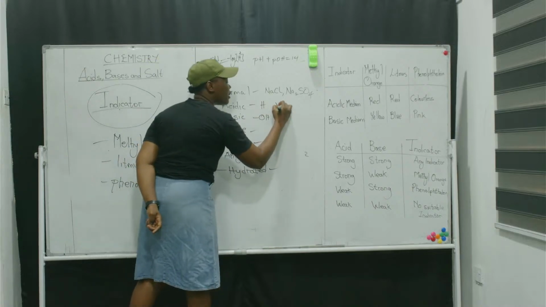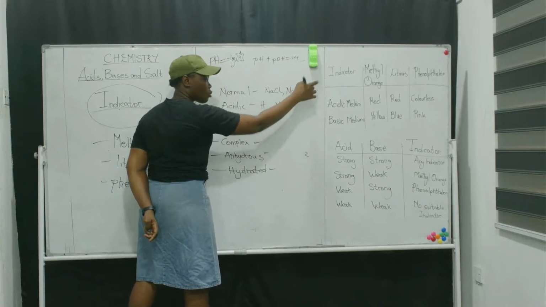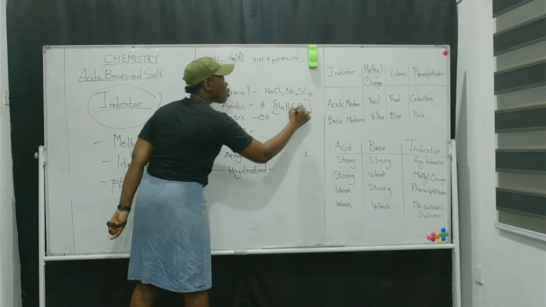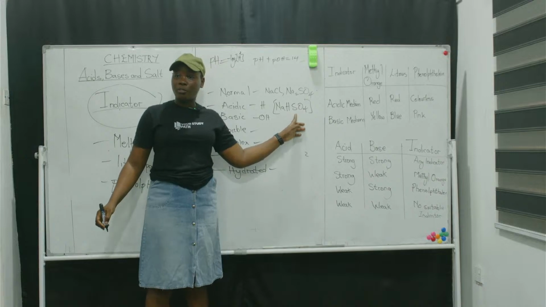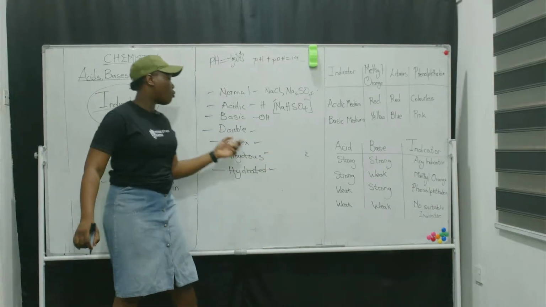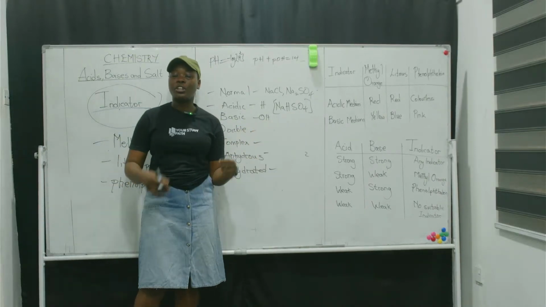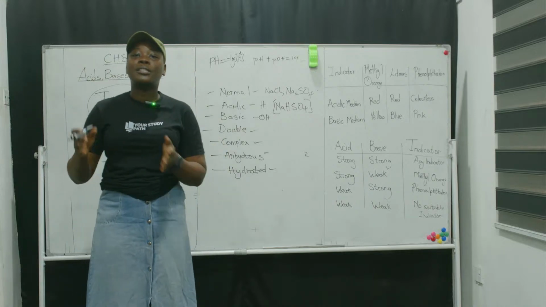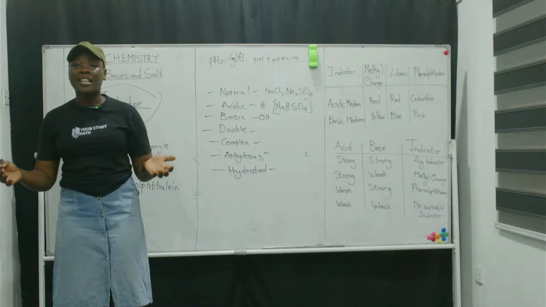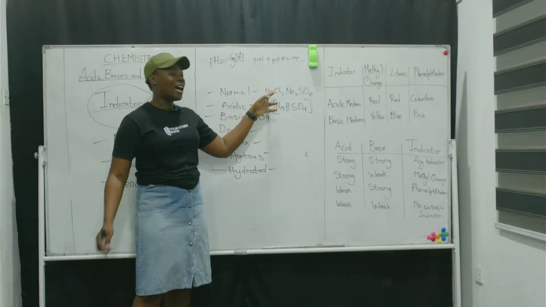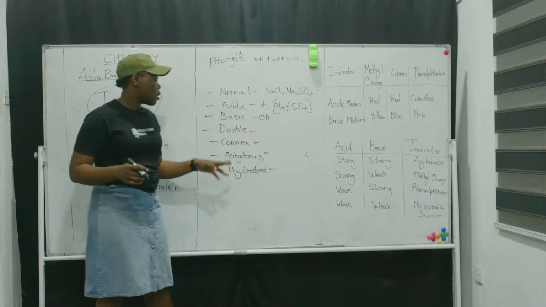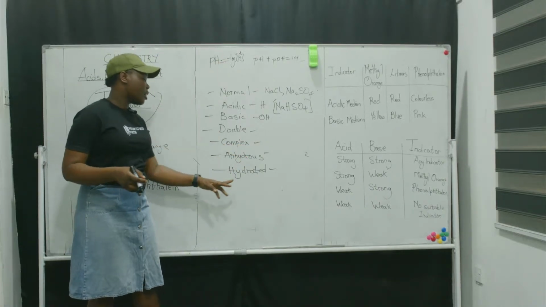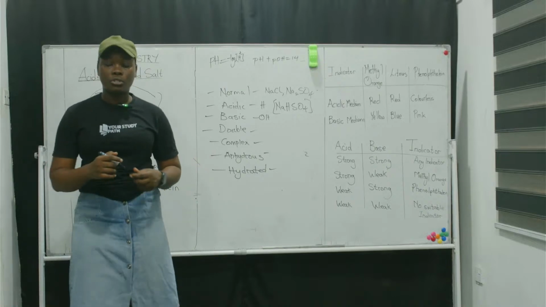So for acidic salt, instead of Na2SO4, it might be NaHSO4. That means all of the replaceable hydrogen have not been replaced, right? And so for the basic salt, all of the OH has not been replaced. Basically, when you see a salt and you can see OH in it, you know this is a basic salt. When you see H in it, you know it is an acid salt. And when you don't see anything, it's just a normal salt, then double, long, complex ion. And I just come here to hydrated as water of crystallization.